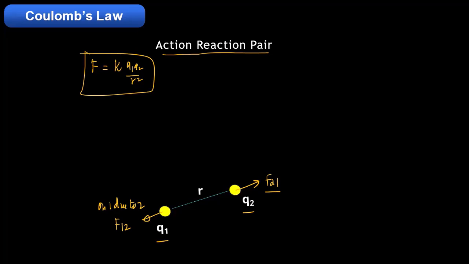Magnitude wise, F12 should be equal to F21, but the direction is opposite. That's why these two forces are known as an action-reaction pair. Action-reaction pair means it obeys Newton's third law. Newton's third law says that whenever there is a force of action, there must be a force of reaction. So if F21 is there, there must be F12. Only F12 cannot exist, or only F21 cannot exist. These two exist simultaneously.